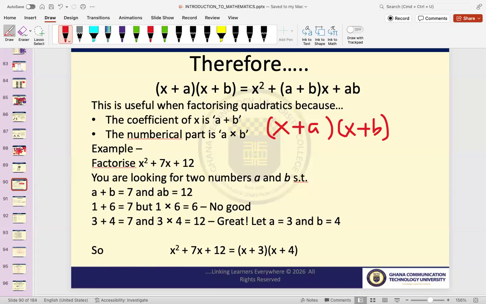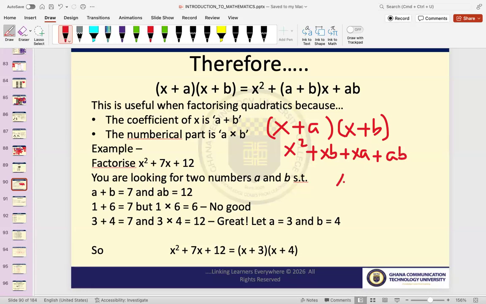like you know already, x multiplied by x, you have x squared, plus x multiplied by b, you have xb, plus a multiplied by x, you have xa, plus a multiplied by b, you have ab.